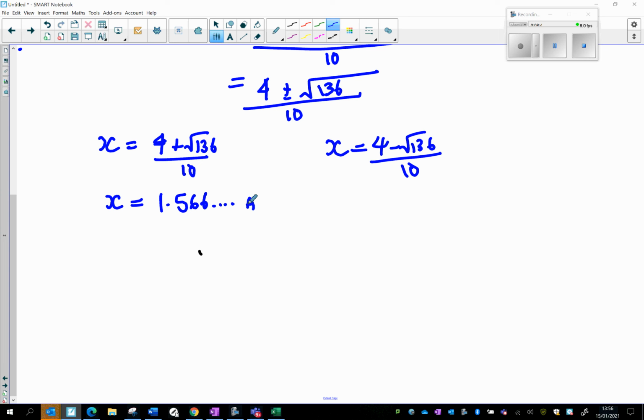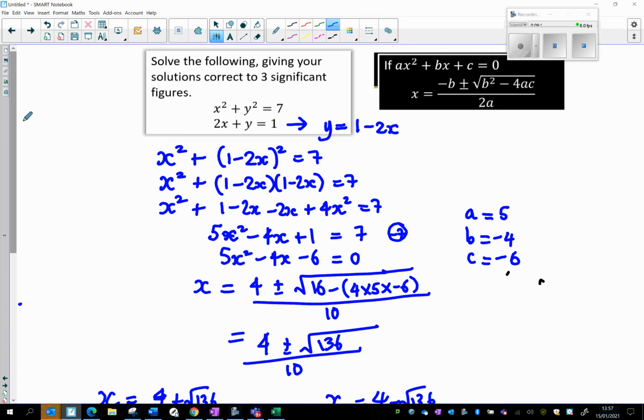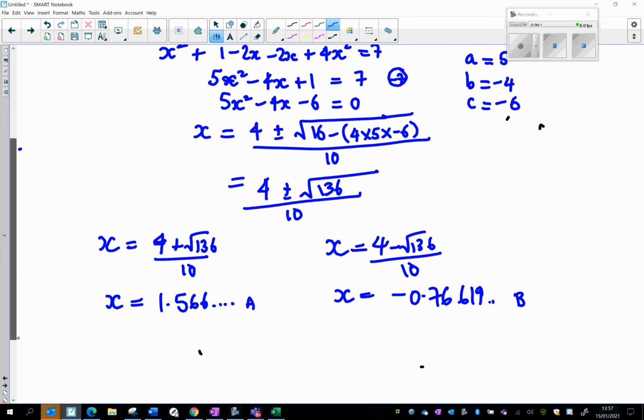Now I'm going to do the other one, so 4 take away the square root of 136 divided by 10. Again, I'm going to get the value there, so that comes out as minus 0.76619, and I'm going to store that in my memory as B. Which means that now all I need to do in order to find the values of y, remember my equation was y equals 1 minus 2x.